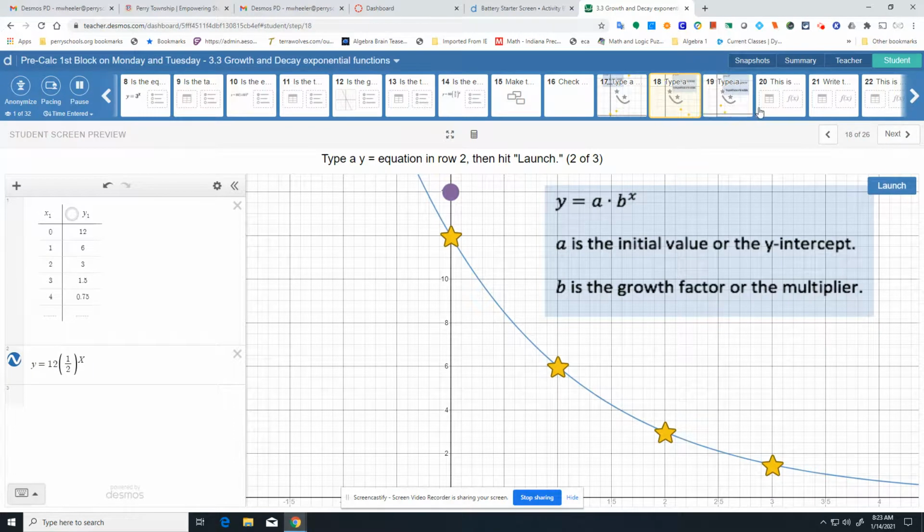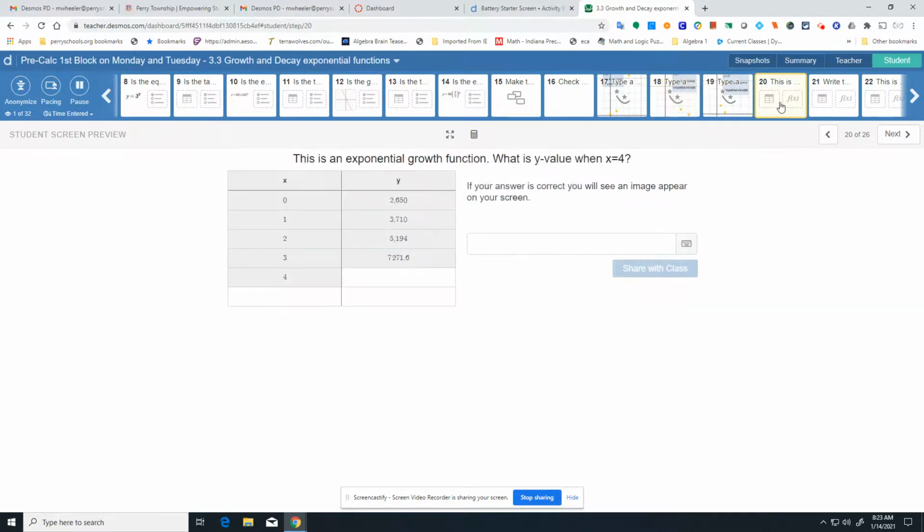I'm going to let you guys do the next couple on your own. And I meant to cut these ones out, but if you want to, go ahead and do them. Just figure out what that multiplying factor is. And I think on this one it's like 1.4.